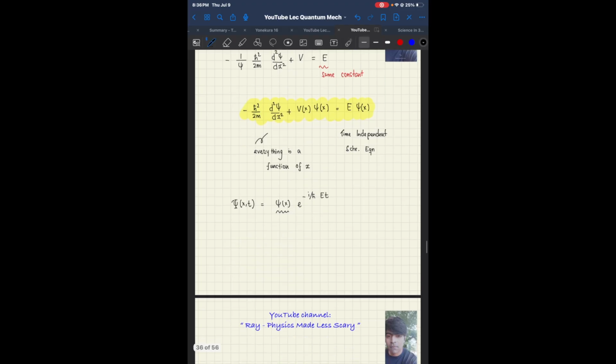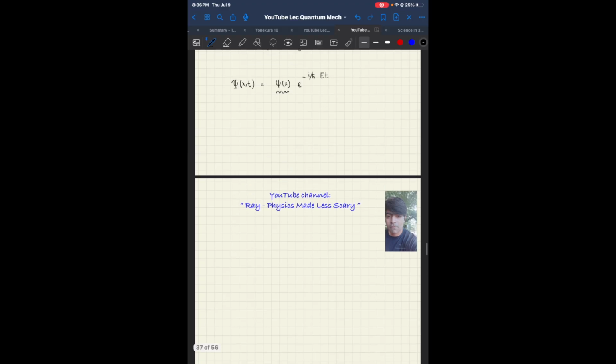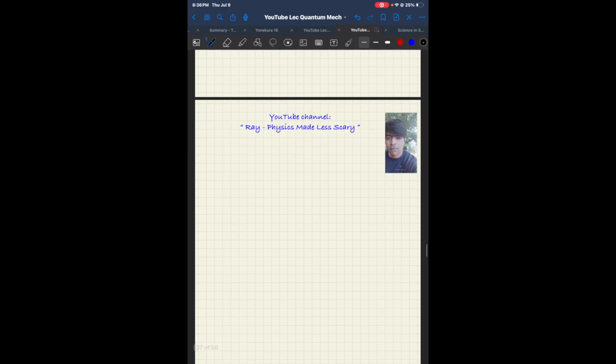But other than that, why is it that I care about these solutions? Well, let's see what these solutions physically mean. For that, I need to introduce a notation.